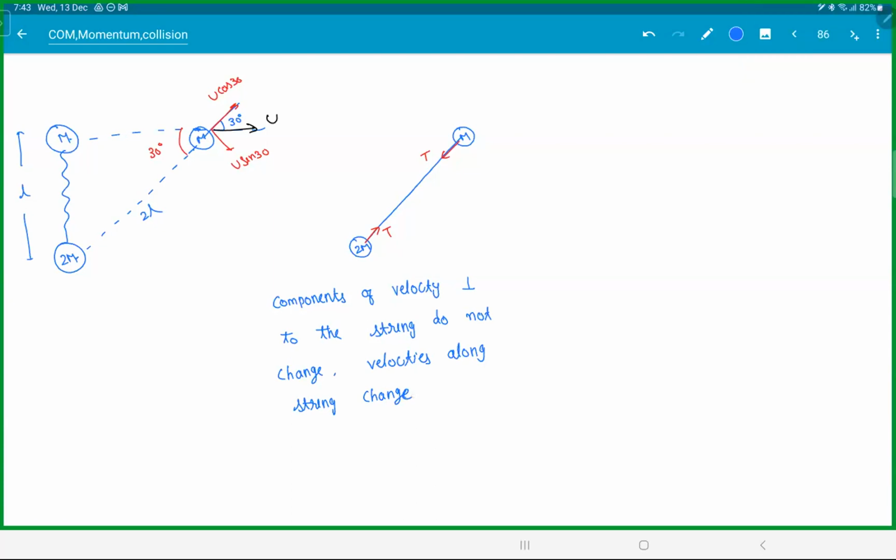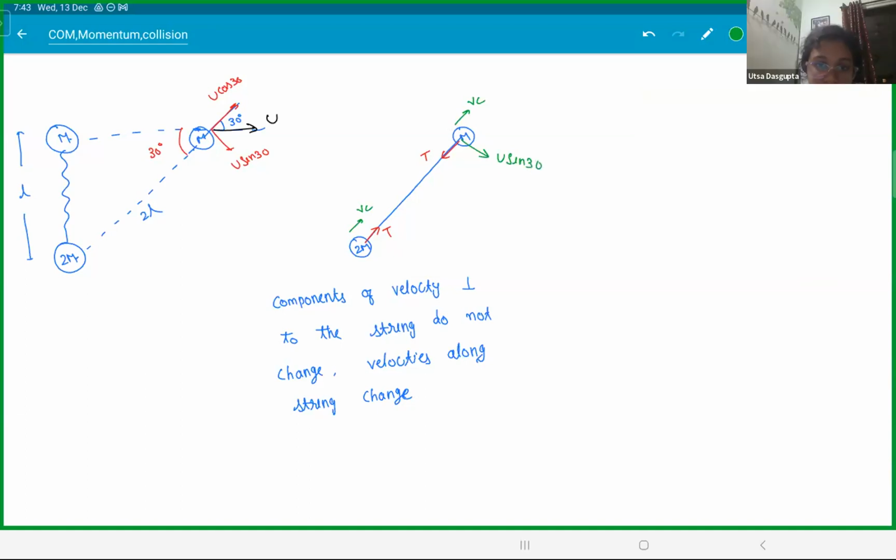They can change, but they should be the same along the string at every point of time. If this guy is VC, this guy will be VC. And this component will be u sin 30 only. That cannot change. Everyone agrees with that?